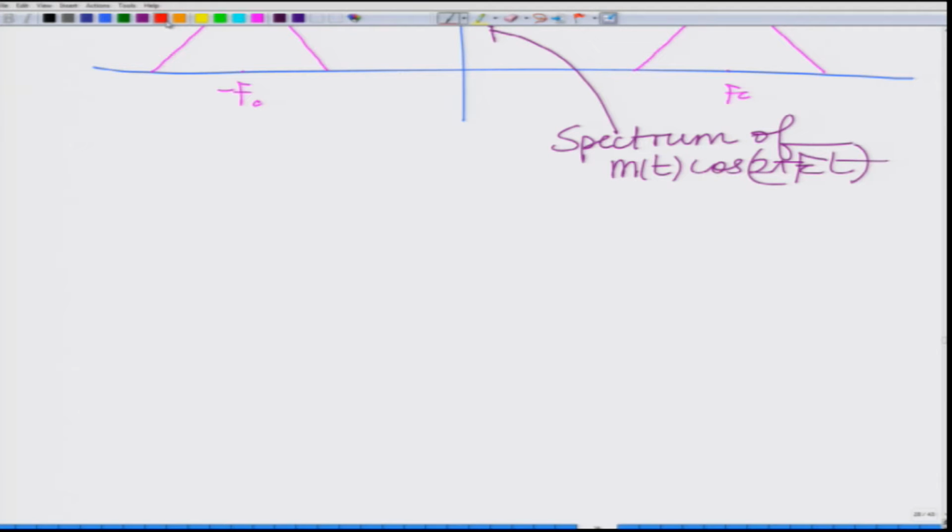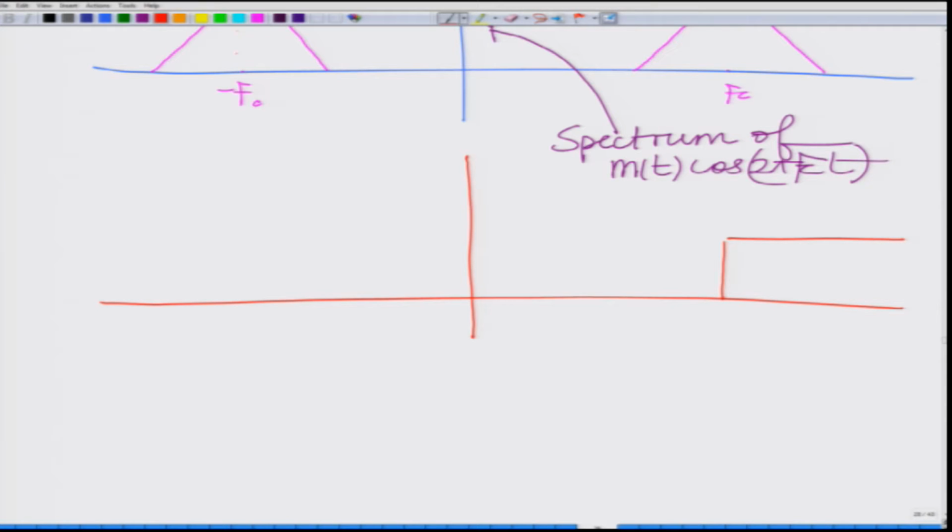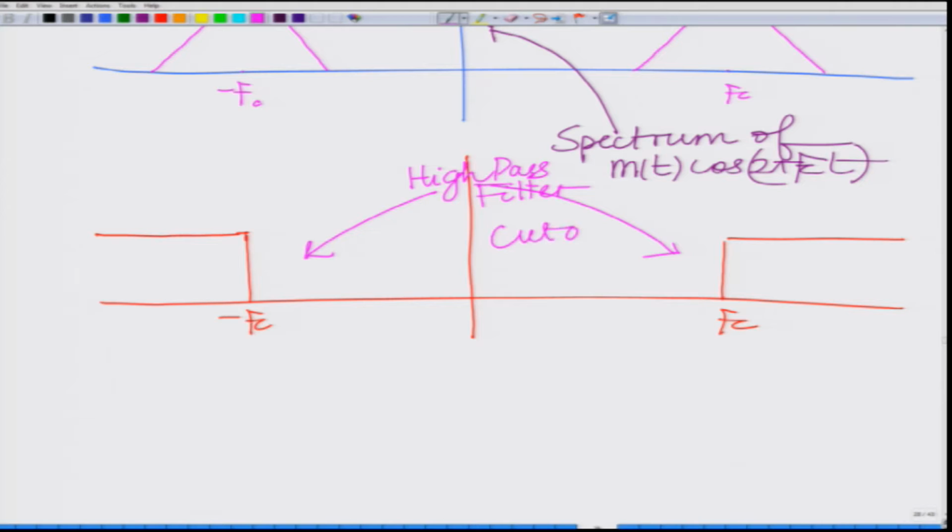Now, if we want to generate a single sideband modulated signal, all I have to do is high pass filter this with a cutoff frequency equal to fc.